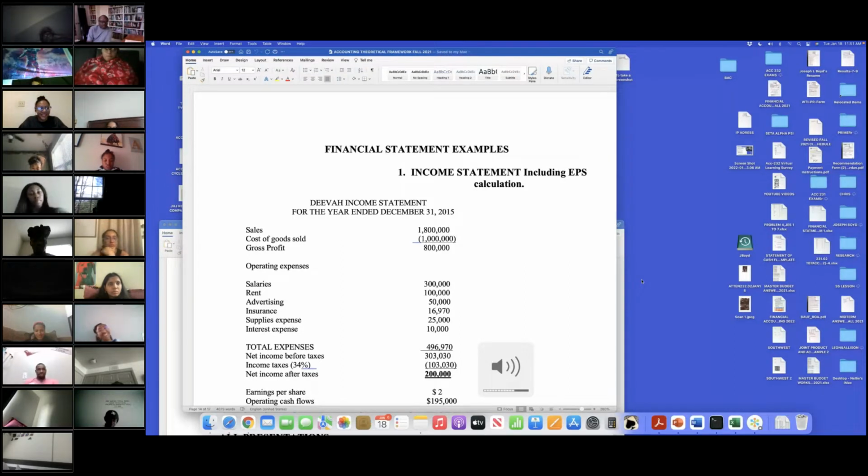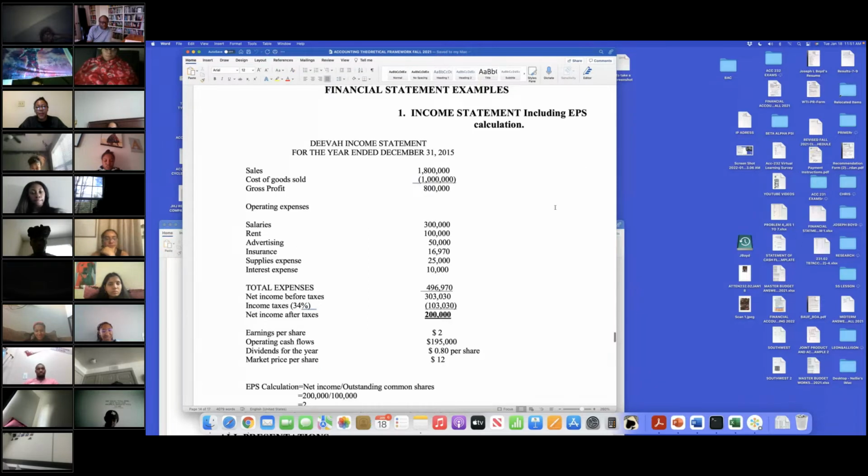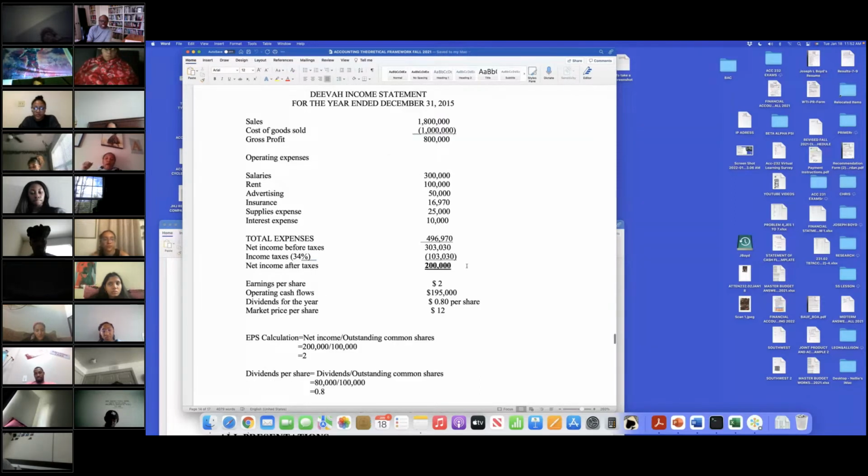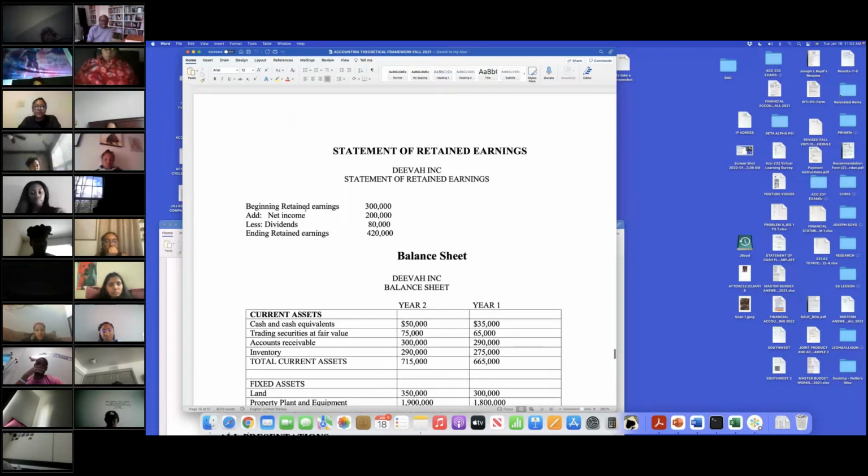Okay, all right. You're supposed to learn how to prepare an income statement: revenues, less cost of goods sold, gross profit, less operating expenses. A statement of retained earnings: beginning retained earnings, add net income, less dividends, and the ending retained earnings. A balance sheet.